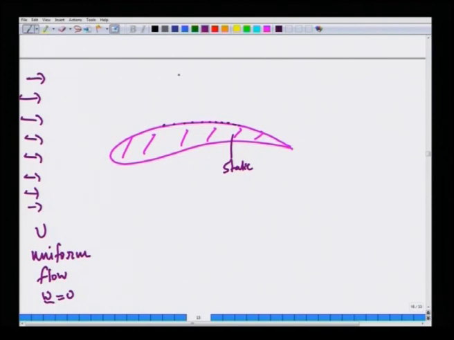Now, a little away from the surface of the airfoil, the fluid has to move, because you are considering a steady flow, so fluid has to move past the airfoil. So, there will be a region where the velocity goes from this uniform value to 0 on the surface of the airfoil. Now, it turns out that region is very thin, at least for objects like an airfoil.